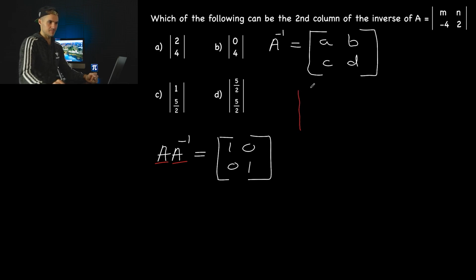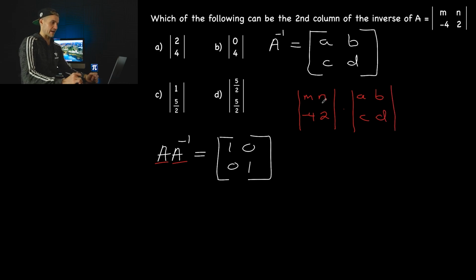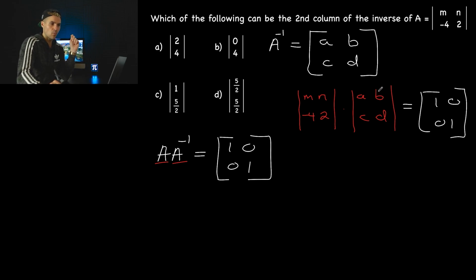So A is M and N, -4 and 2, and then we're multiplying it by the inverse, which we let be this matrix, A, B, C, D. We know that the result of that multiplication is going to be the identity matrix, 1, 0, 0, 1. Now, what they're asking for is what can this second column be over here?